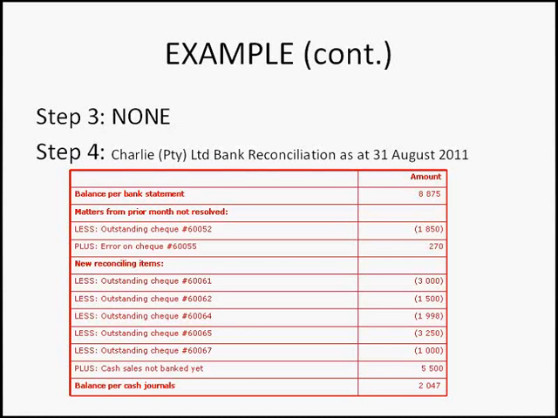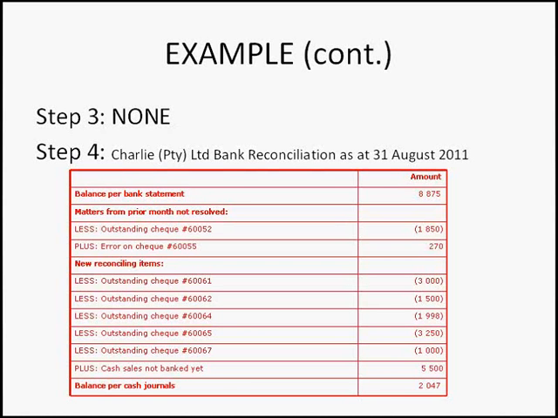What happens now is if you add and subtract all of those items, you should get to a total of 2,047, which is the balance that our cash journal showed us. In other words, if you take 8,875, you subtract the 1,850, you add the 270, you subtract all of those outstanding checks, and you add the 5,500 of the deposit that doesn't show yet.